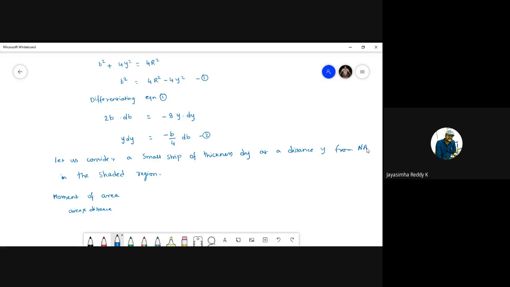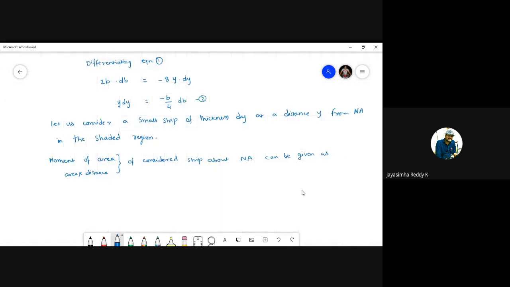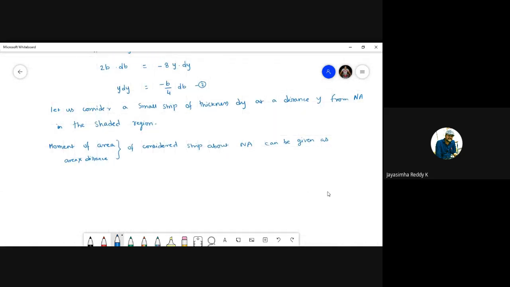Now let us write moment of area of the considered strip about NA, which can be given as: see, students, area multiplied by distance from neutral axis, which is y.